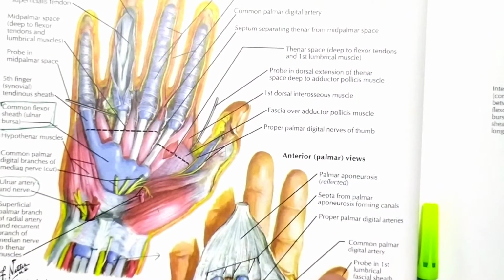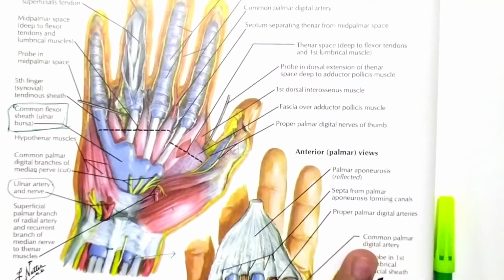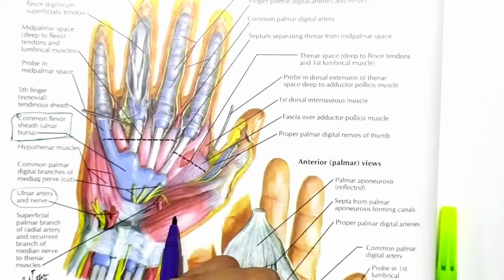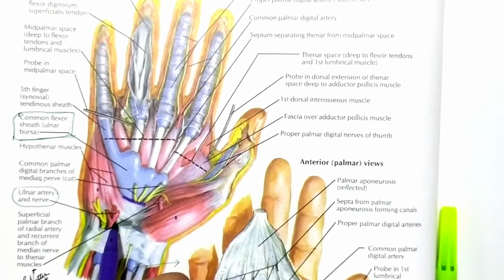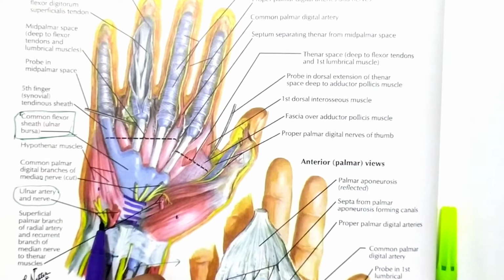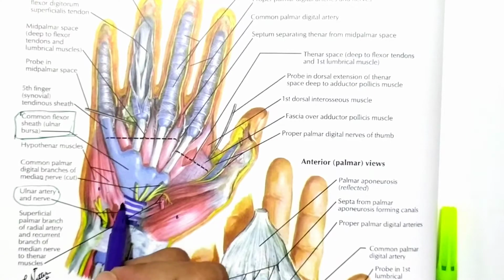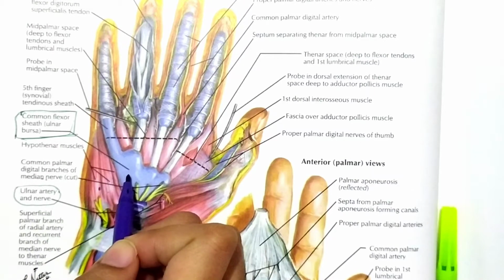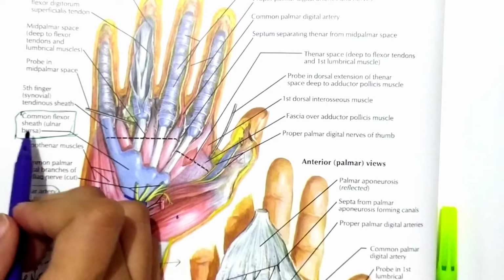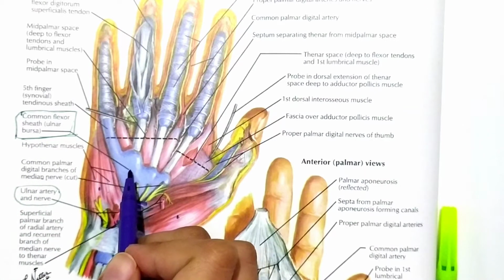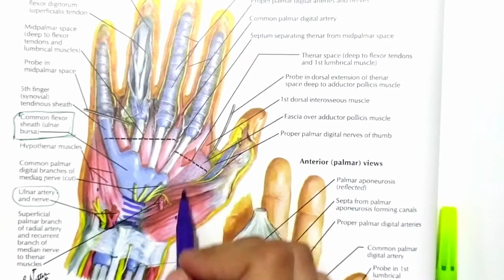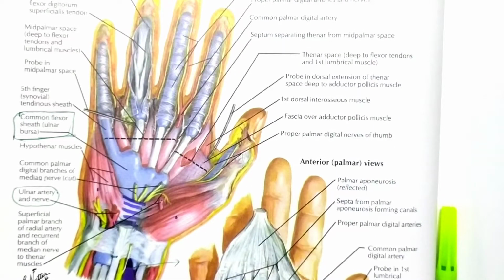There is another diagram which is more clear. These are the thenar muscles, these are the hypothenar muscles, and this one is the flexor retinaculum, okay? These are the ulnar nerve and artery passing superficial. This blue structure is the ulnar bursa, which holds the tendons of flexor digitorum superficialis and profundus, and then this blue is the radial bursa, okay?